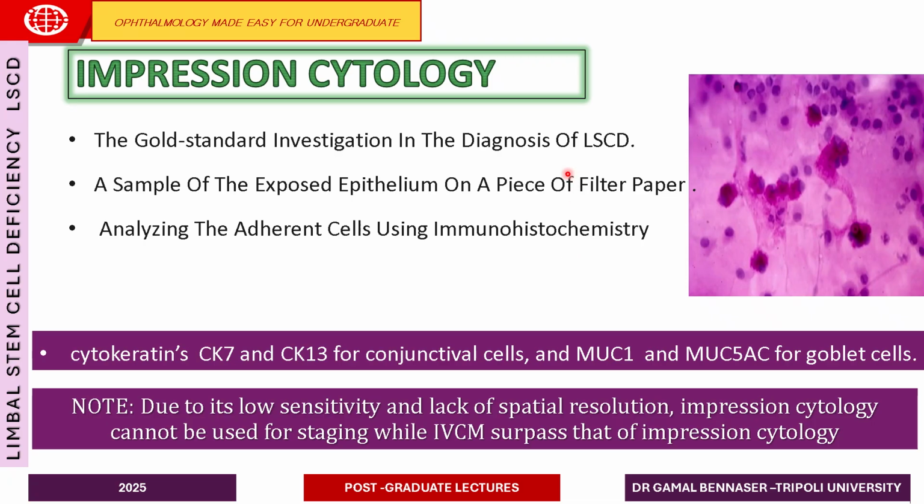Now, take-home message: due to the low sensitivity and the lack of spatial resolution of impression cytology, we cannot use it for the staging of limbal stem cell deficiency. However, we utilize in vivo confocal microscopy for staging, as it surpasses impression cytology.